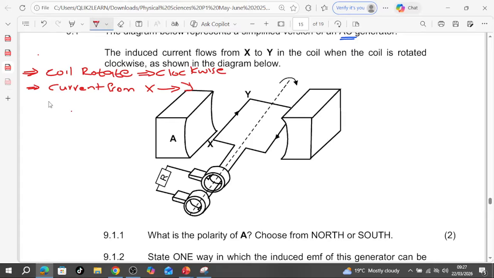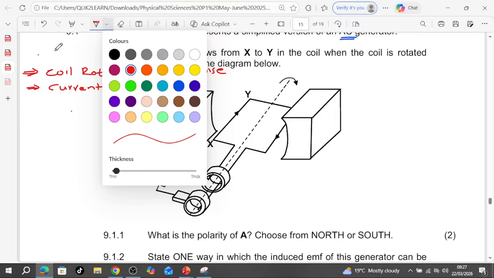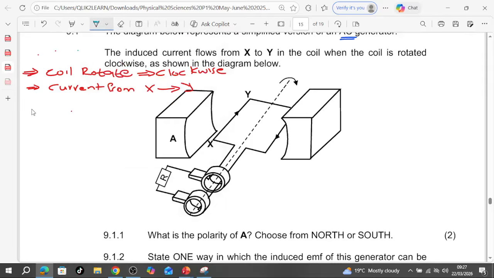Now let's apply the right hand rule for the generator. I hope you are taking notes. Remember, the thumb tells you the motion of the conductor.